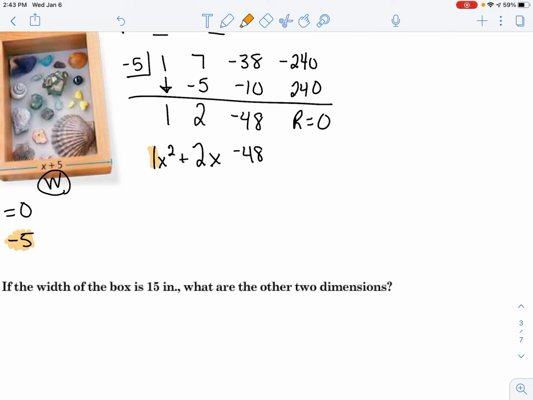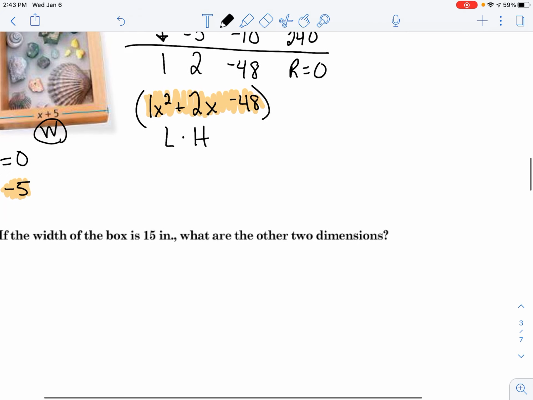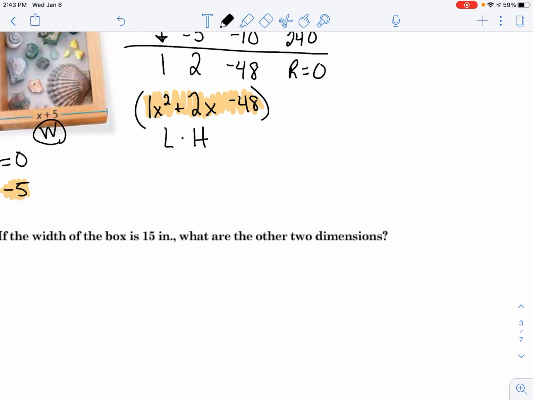So it doesn't really look like that was super helpful, but what we have here is an expression for the length and the height together. So whether you factor by grouping or by using the box, I'm going to encourage you to please pause the video and try to factor.